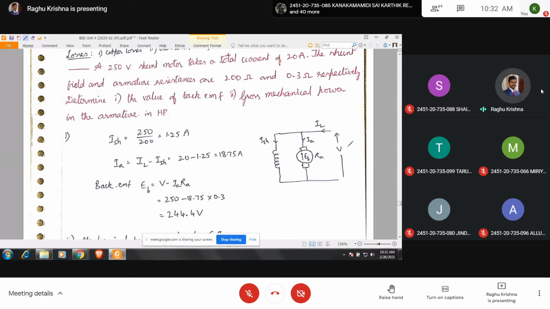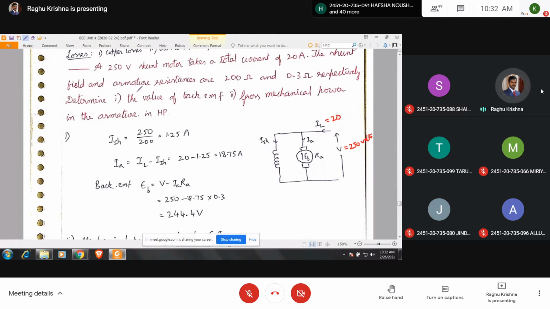Next, it takes a total current of 20 amperes. So here IL equal to 20.